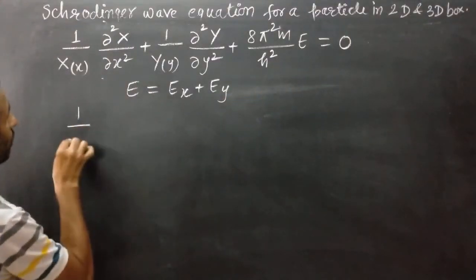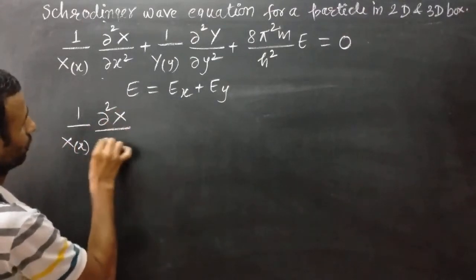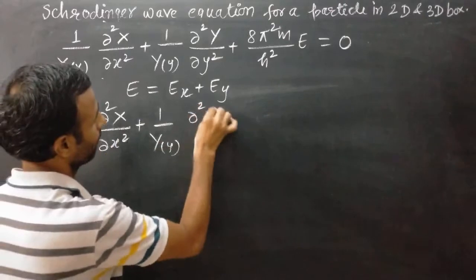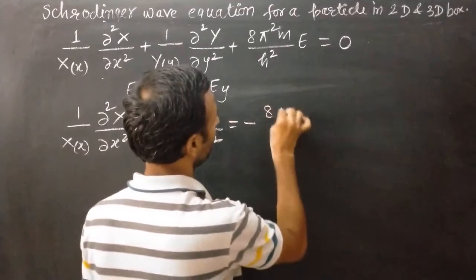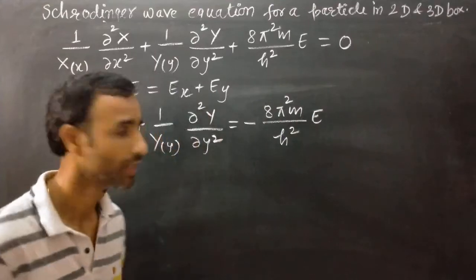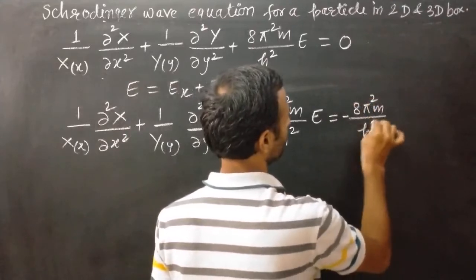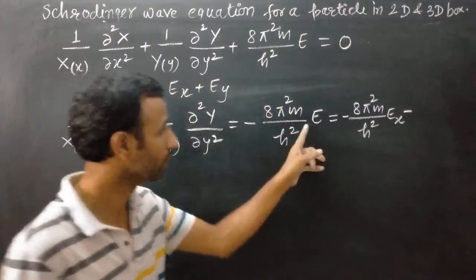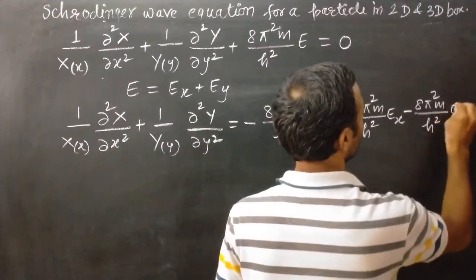So it becomes 1 upon X d square X over dx square plus 1 upon Y d square Y over dy square equal to minus 8 pi square m over h square E. So that can be written as minus 8 pi square m over h square Ex minus 8 pi square m over h square Ey.